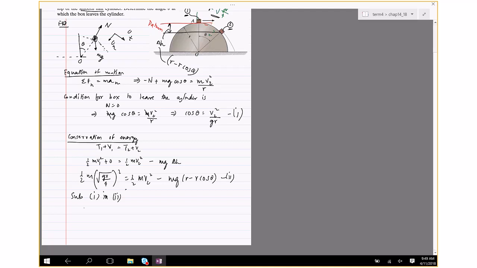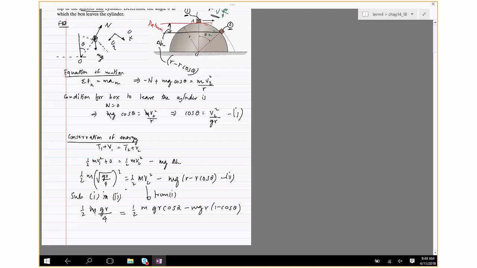If I do that, I get half m gr divided by 4 equals half m times v2 square, which is gr cosine theta from 1, minus mg, I'm going to pull that r out, 1 minus cosine theta.